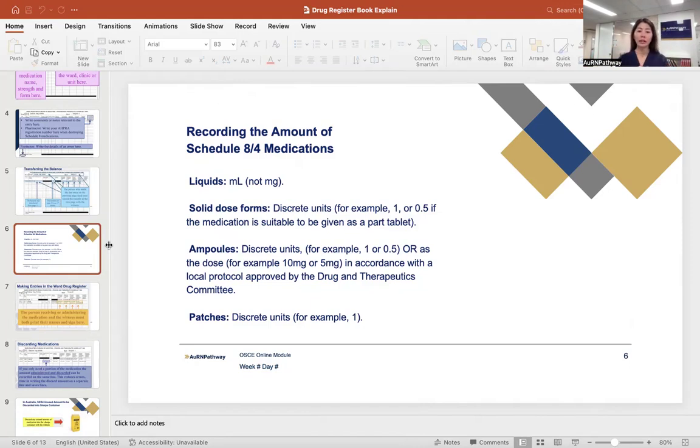Now, if it's solid, if it's a tablet, we're counting the tablets, right? Yes, you can administer like 5 milligrams, but to total it, it's the number of tablets that we are counting. When it comes to ampoules, it's actually the whole ampoule you're counting, so usually 5 in 1 box. If we take out one and we've only given half of it, that half needs to be discarded.